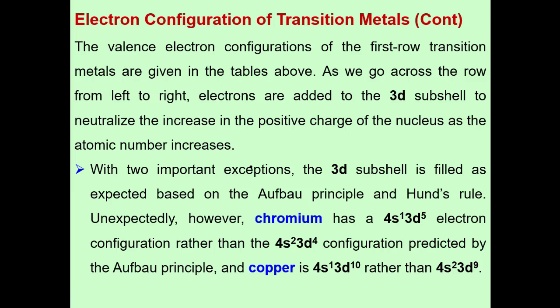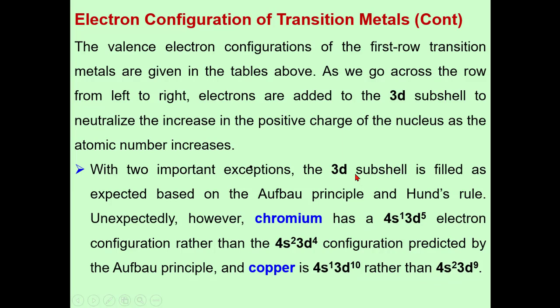What is common here, if you see 3d5 and 3d10: 3d10 is a fully filled electronic configuration, more stable as compared to 3d9, and similarly 3d5 is a half filled electronic configuration, which is more stable as compared to 3d4. That is why the original electronic configuration is this, not this, and similarly the original electronic configuration of copper is this, not this one.